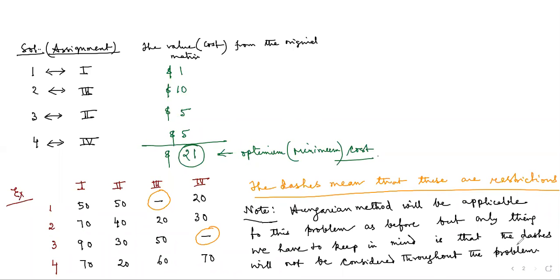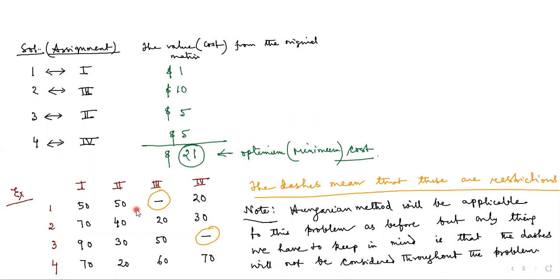For example, if you want to apply step number 1 to find the matrix: in step number 1, we identify the minimum element, and that minimum element is subtracted from the row. Here in this particular matrix, the minimum element in this row is 20. So 20 will be subtracted from all the other elements.